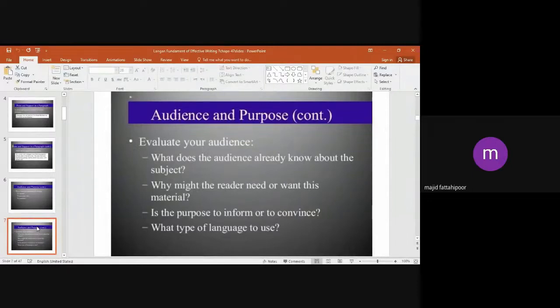So, about your purpose, whether it's just to inform or convince. Okay, I think for convincing someone, you need to replicate their own language more. I mean, you need to be more sensitive to their language. Otherwise, they would not get convinced. You understand? For giving information or informing, well, it's a little bit different.